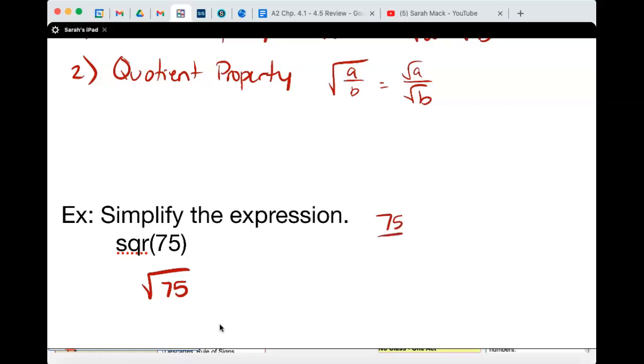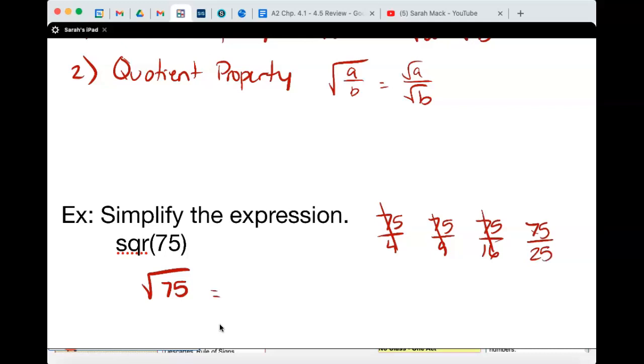Let's just start with the first perfect square. 75 divided by 4. Does that divide evenly? No. What about 75 divided by 9? No. 75 divided by 16? No.